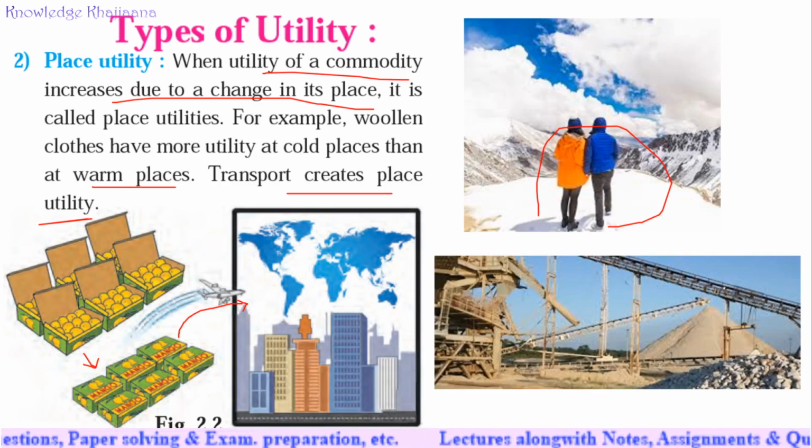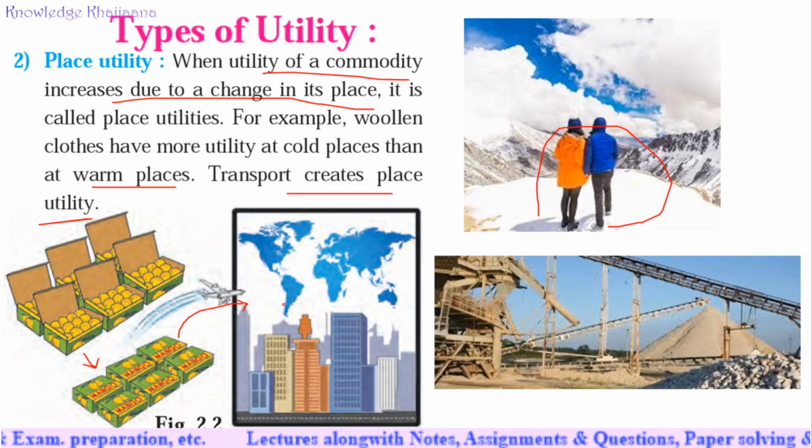Another example was sand. If it is taken to the construction site or when it is utilized on the roads or many different purposes, right? Then only it will give the utility. So what has been changed? Place has been changed. See, the place of the mangoes from the farm, from the tree to the cities, has been changed.